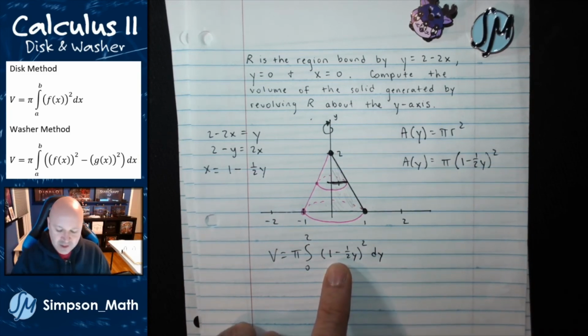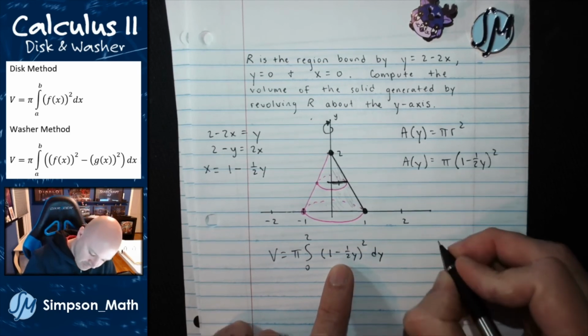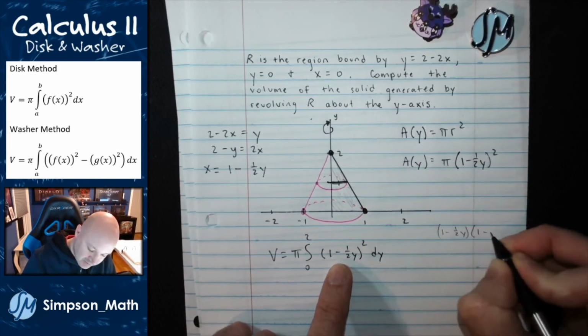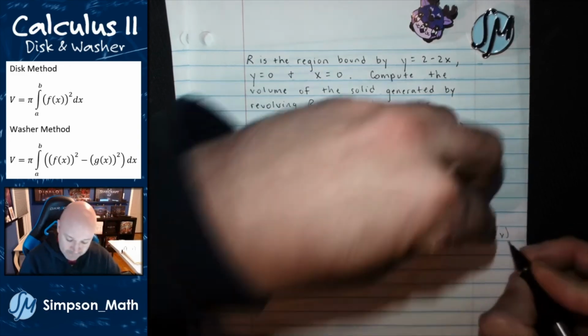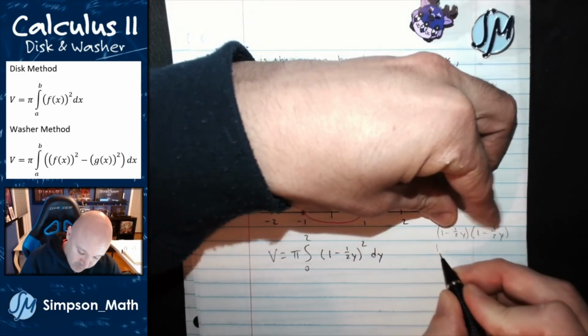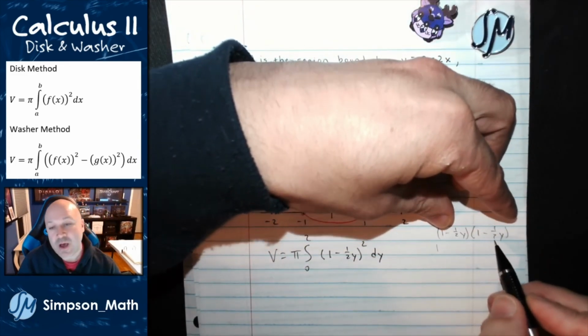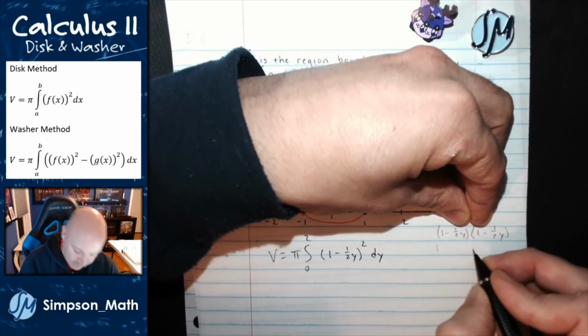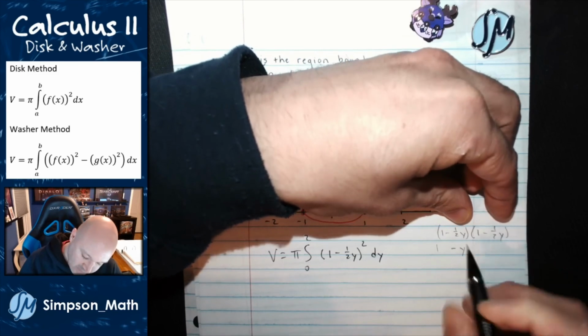Okay, like before, I think I will expand this out. To me, it's easier to integrate. And I like to write it down side by side so I don't make any mistakes. 1 times 1 is 1. I have a negative 1/2 y and another negative 1/2 y, so I should have a negative y. Very similar.